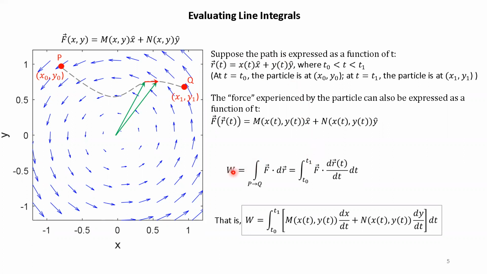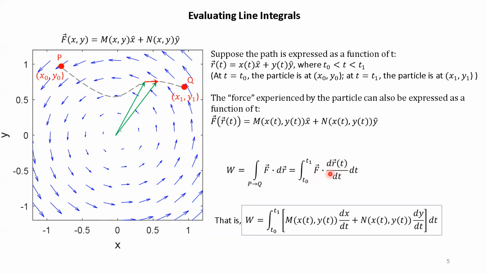Now, from the original definition, the line integral is the integral of F dot dr. This dr can be written, by the chain rule, as dr/dt times dt.